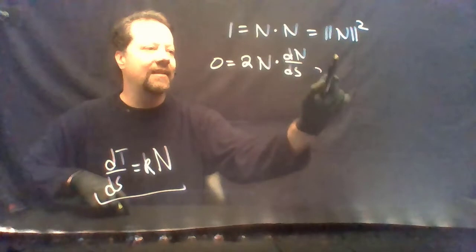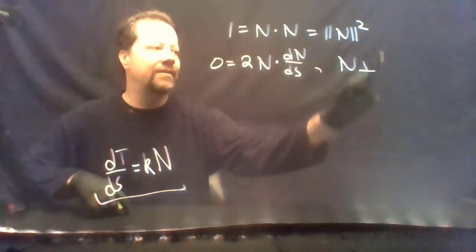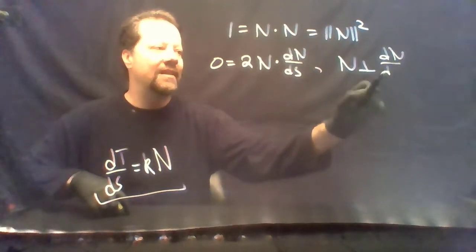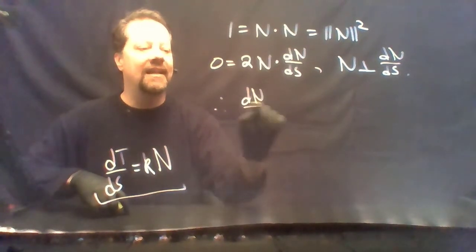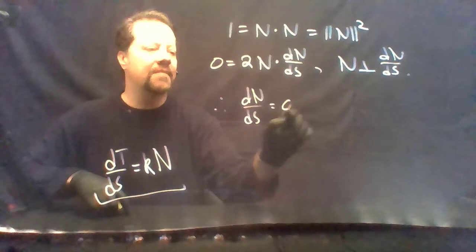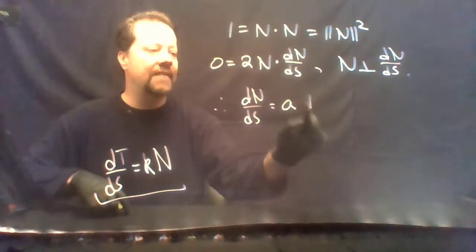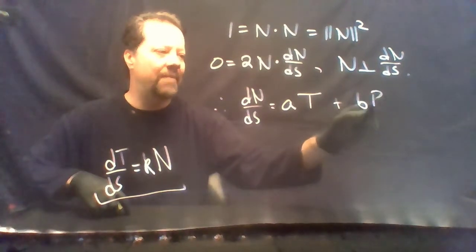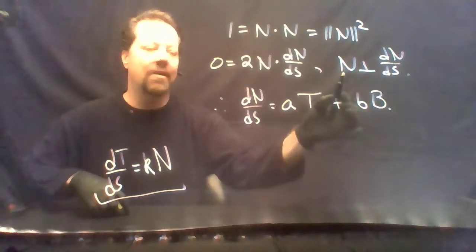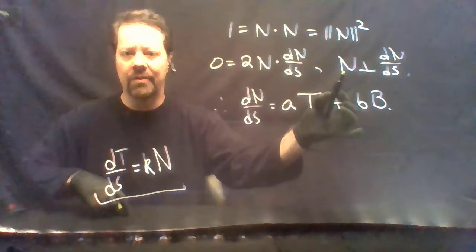This tells us that N is orthogonal to dN ds, and therefore dN ds looks like some scalar valued function a times the unit tangent vector plus some scalar b times the binormal. It has no part in the direction of the principal unit normal vector N.